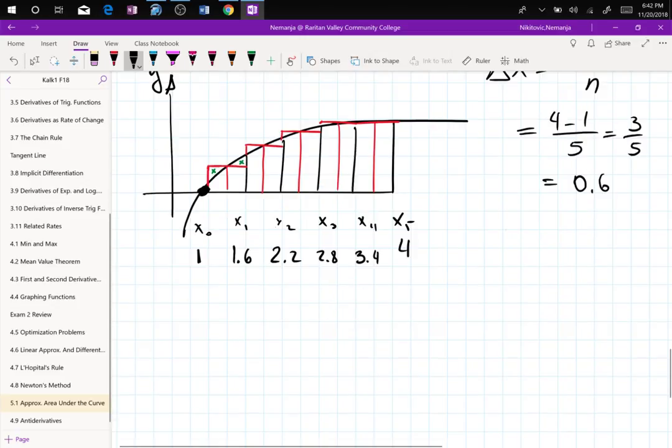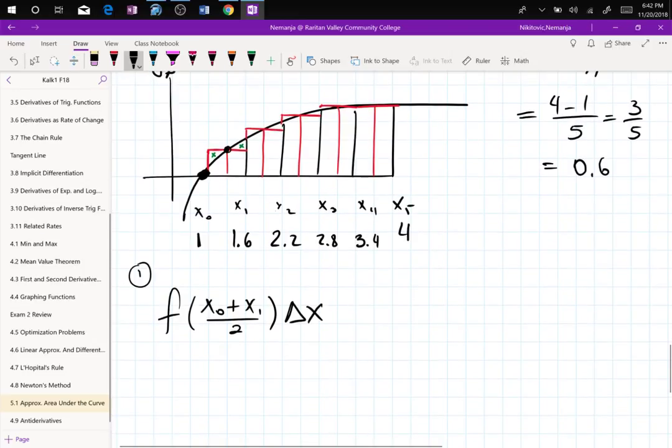Am I computing my functions at these numbers? No, because I moved to the midpoint. Great, right? To find the first calculation here, that will be f computed at x0 plus x1 over 2, and then times delta x to find the area for the first rectangle.